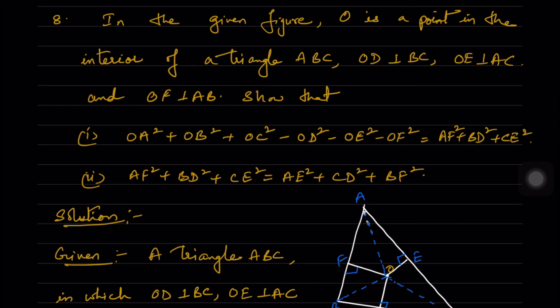We have to show that OA square plus OB square plus OC square minus OD square minus OE square minus OF square is equal to AF square plus BD square plus CE square. And the second part, we have to prove that AF square plus BD square plus CE square is equal to AE square plus CD square plus BF square.